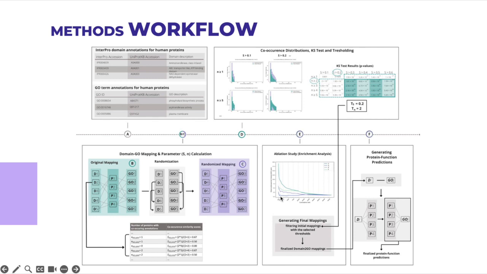We calculated three distinct probabilistic association measures using the expectation maximization algorithm. These measures allow us to assess the significance of Domain2Go mappings and evaluate the predictive performance of our method in an ablation setting. The finalized domain GO mappings were generated by applying a threshold to the association scores.